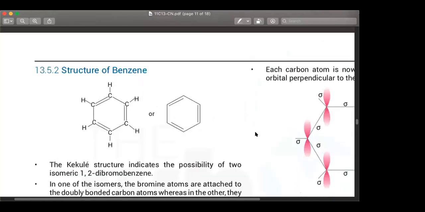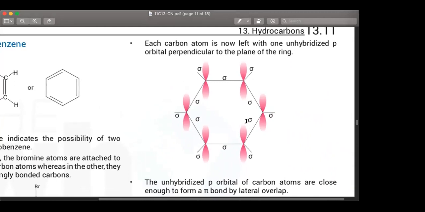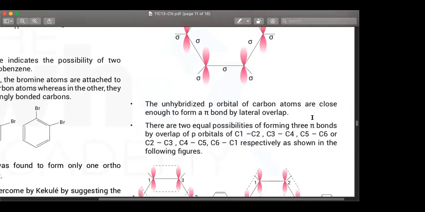So even though aromatic compounds are unsaturated, they form a different class of compounds of their own. We have to study them as a completely different set of compounds.